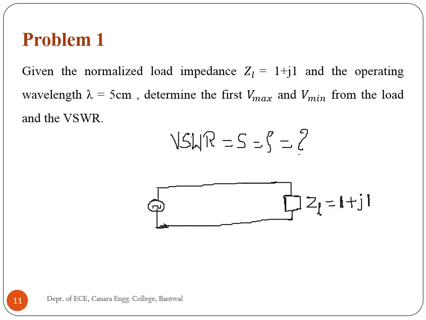From the load end, when I travel towards the generator, I'll get the Vmax position and then the Vminimum position. We can find out VSWR, Vmax and Vminimum position using the Smith chart.